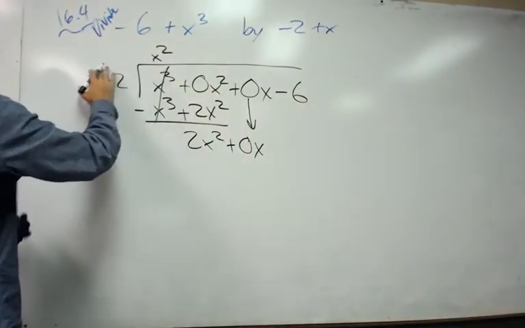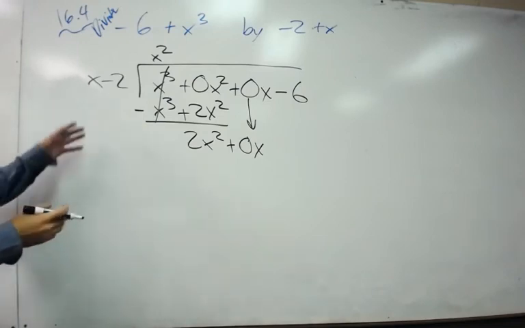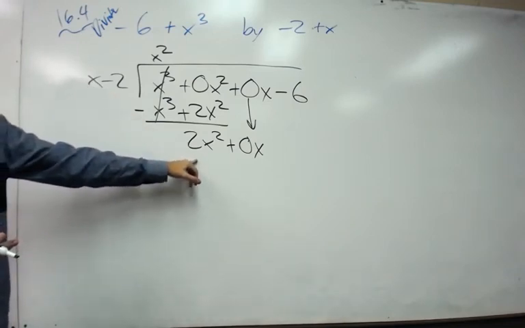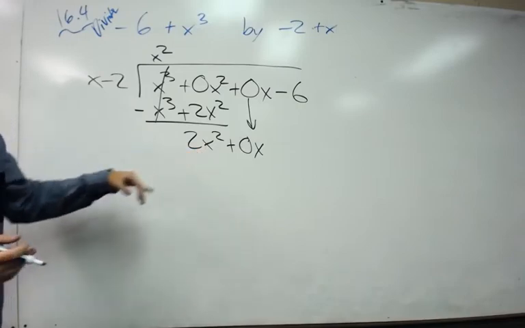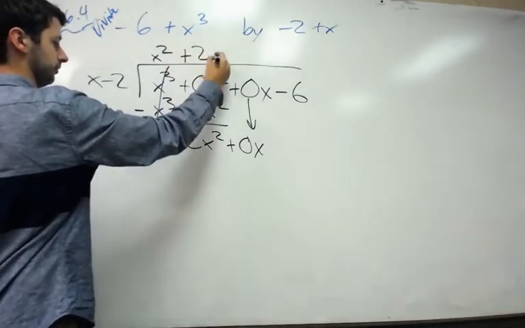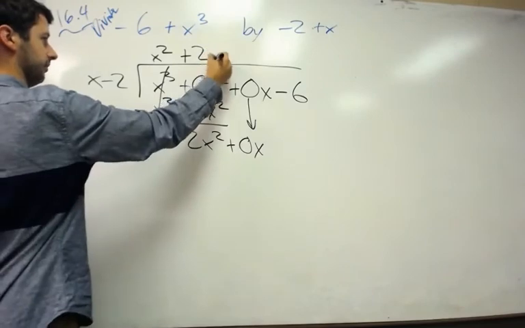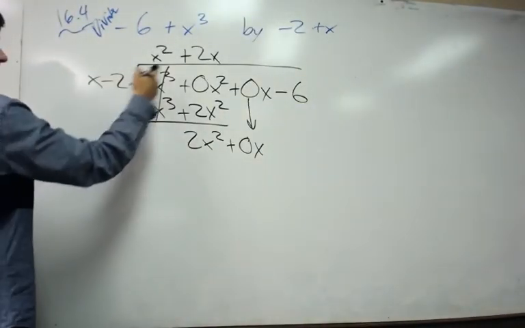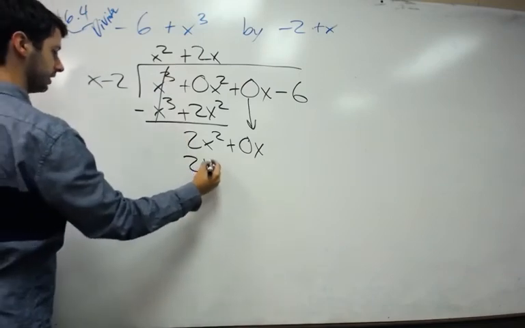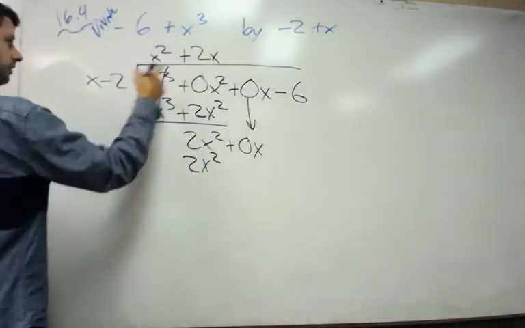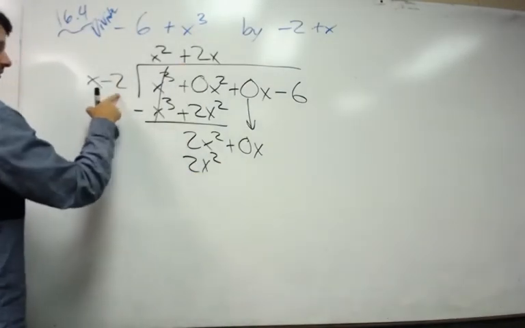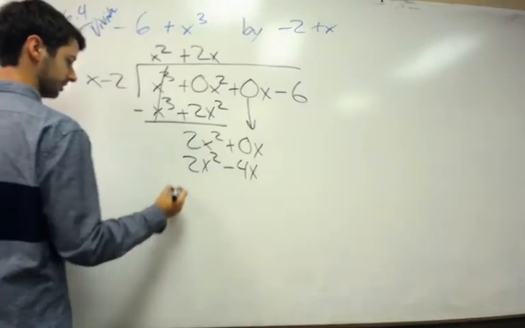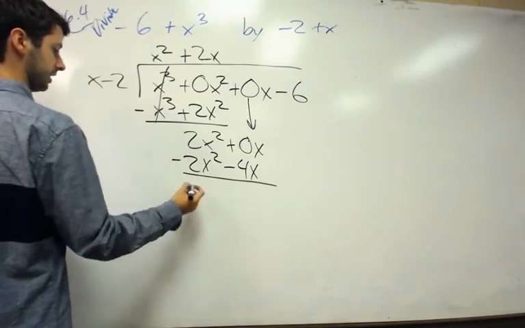What do we multiply the x by to get 2x squared? Well, we need the 2, and we need an x. X times 2x, 2x squared. 2x times negative 2. Negative 4x, basically just distributing every time. Change signs.